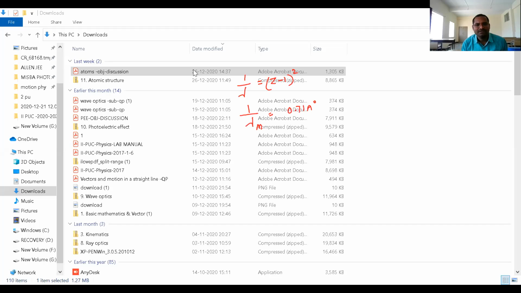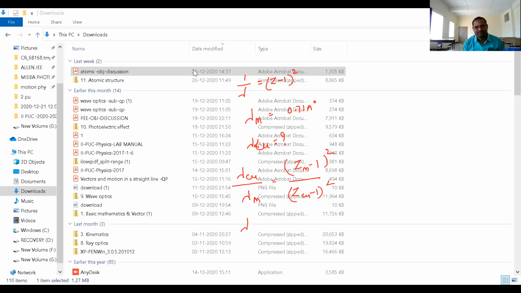Then we need lambda of copper. According to this relation, because it is inversely proportional, lambda of copper upon lambda of molybdenum can be written as (Z of molybdenum minus 1) whole square upon (atomic number of copper minus 1) whole square.